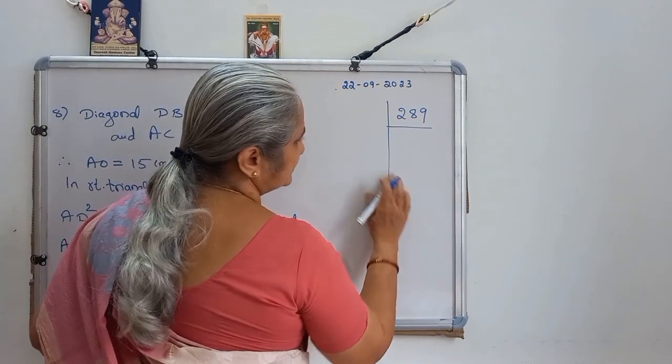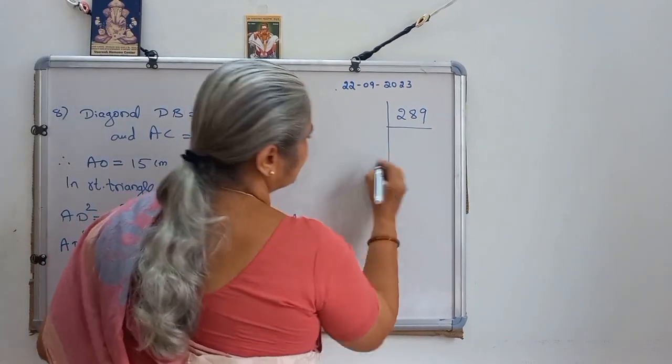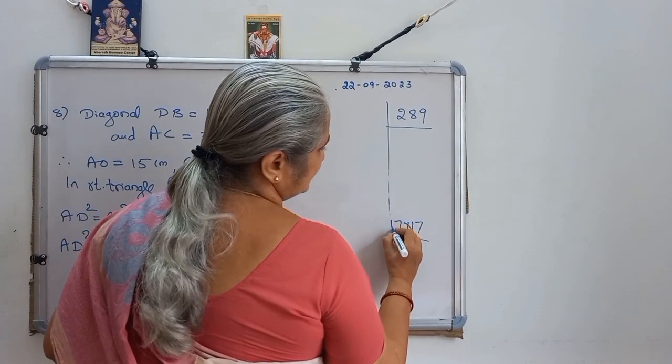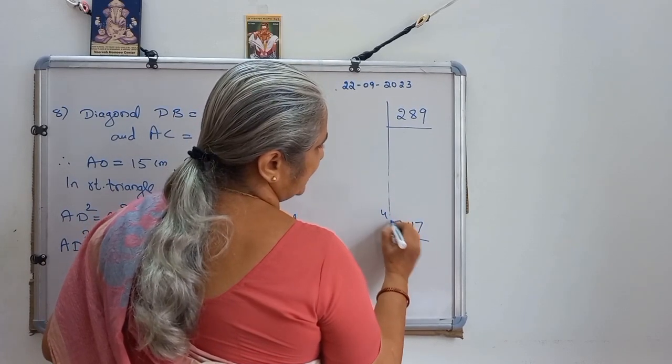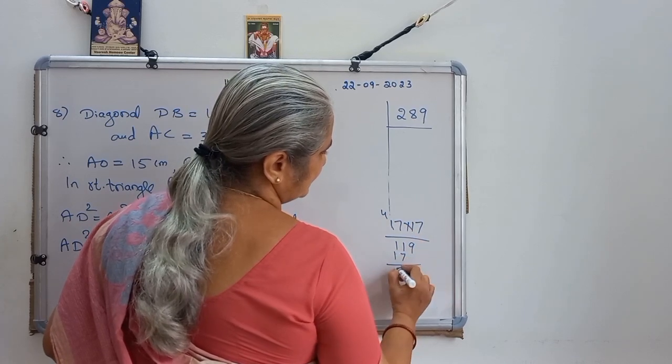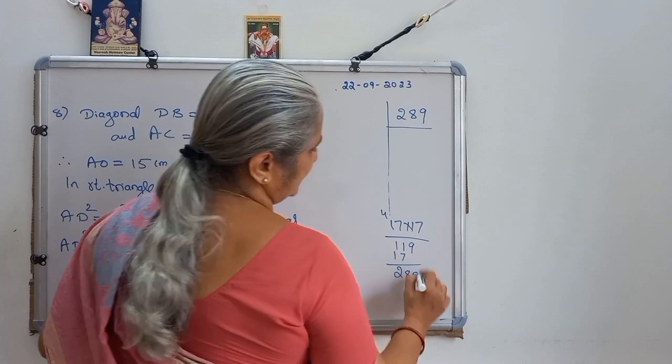Let us try 17 and 17. 7 7s are 49, 4 carry, 7 1s are 7 plus 4 is 11, plus 17 is 28. Yes, 289.